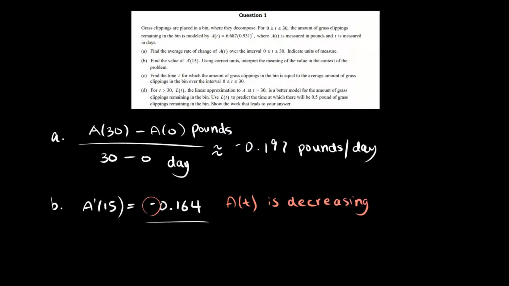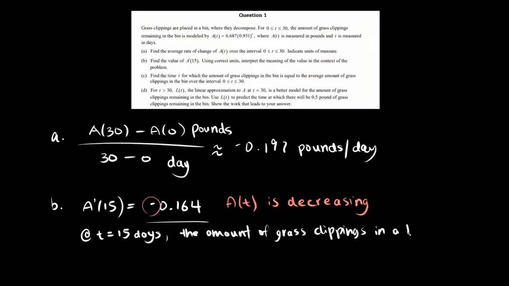And because A of t models the amount of grass clippings remaining in the bin, we can conclude that at time t equals 15 days, the amount of grass clippings in the bin is decreasing at a rate of 0.164 pounds per day.